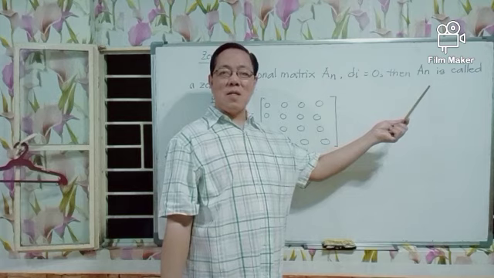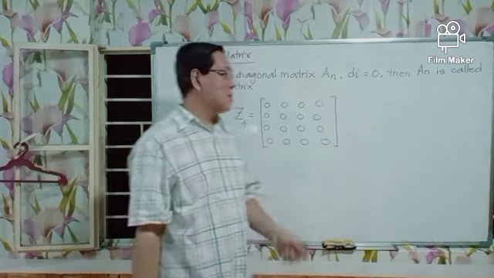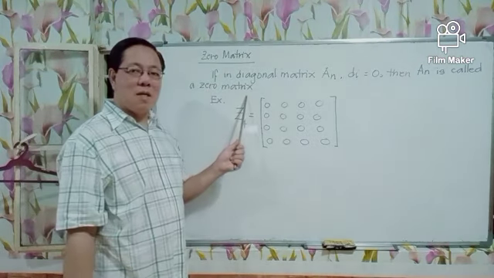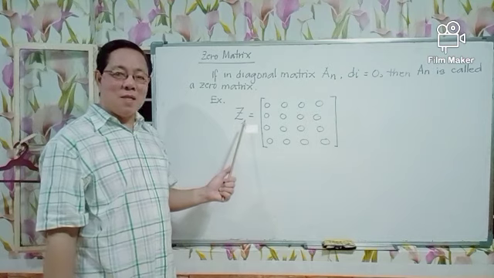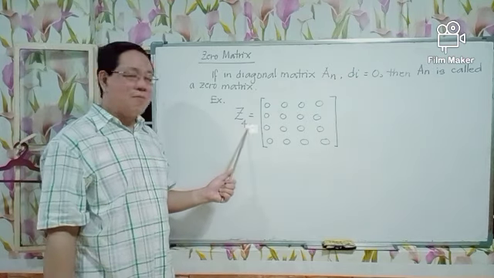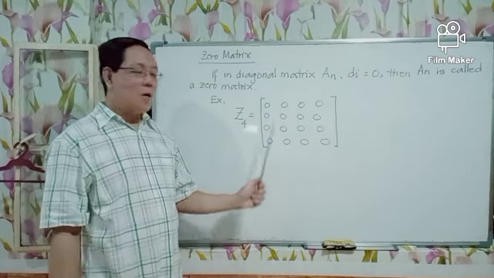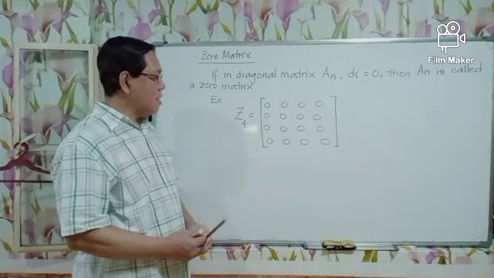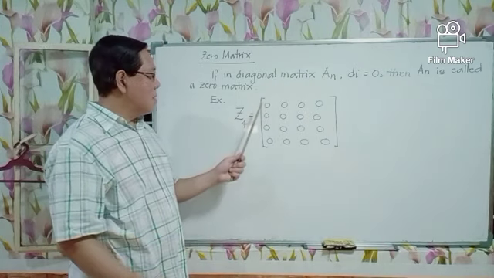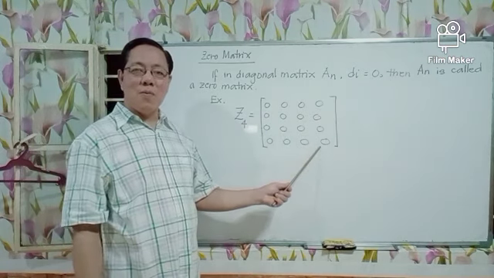Then the square matrix, the diagonal matrix A sub n, is called a 0 matrix. This is an example of a 0 matrix denoted by Z sub 4 because it has 4 rows and 4 columns. The diagonal entries are the entries Z11, Z22, Z33, and Z44.